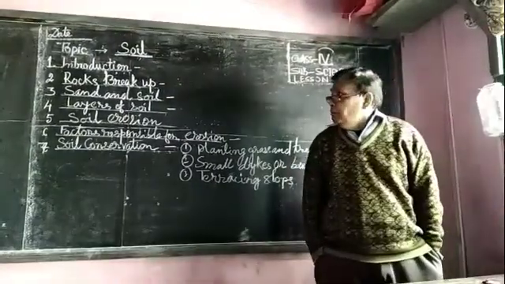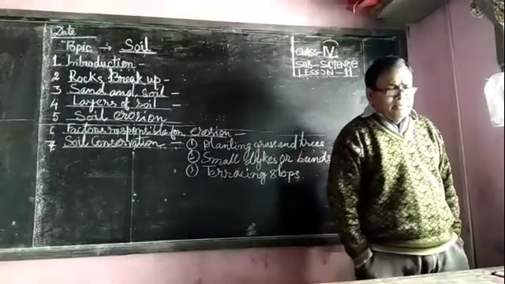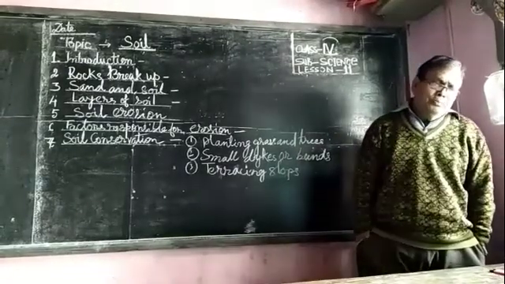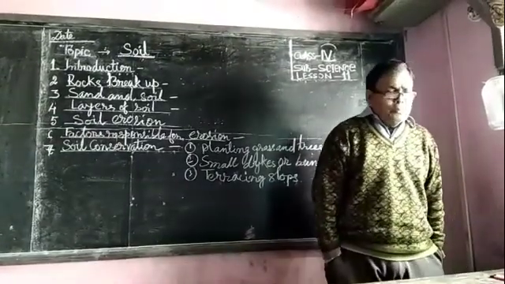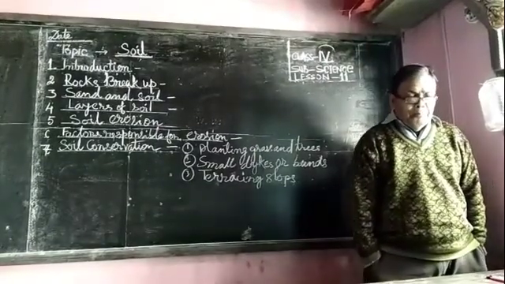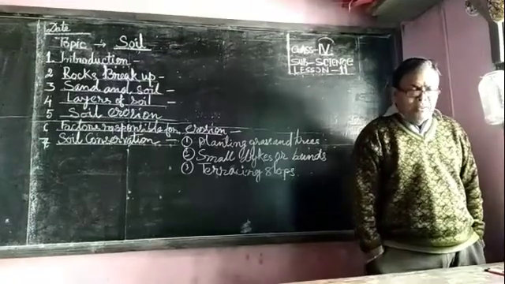One point is rock breakup. The most important agent that breaks the rocks is the sun. During the day, the rocks become very hot and expand, but at night they become cool and contract back to their size.